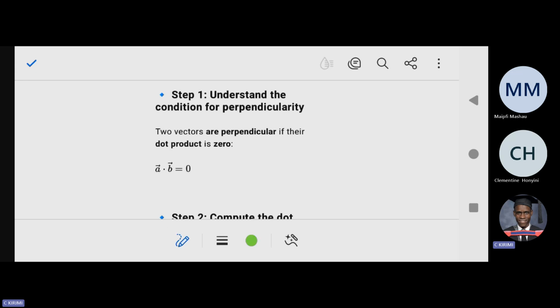In other words, A dot B must give you 0. For example, vector A is moving in that direction, vector B in that direction. If these two vectors are perpendicular, when we multiply in the dot product, we are going to get 0.